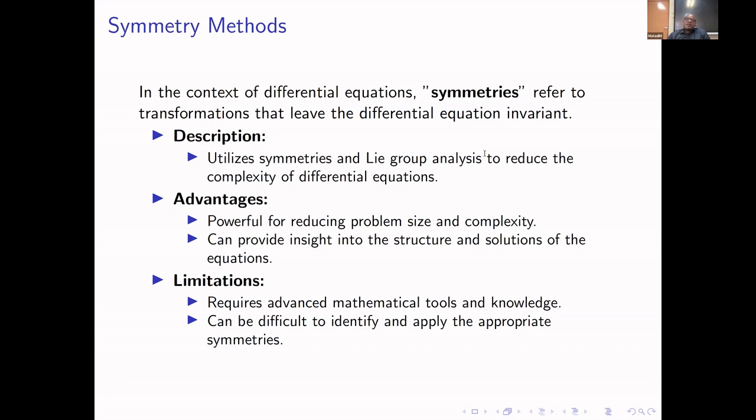Now the advantage of this technique is that it gives you some tools, some transformations, to reduce the complexity. Remember, we are dealing with a nonlinear differential equation, which is so complex. This technique helps you reduce that complexity and also the size of your problem. It can also provide insight into the structure and the solution of the equation.